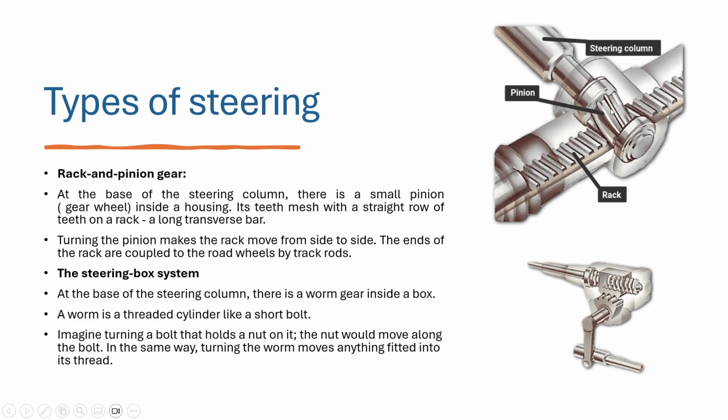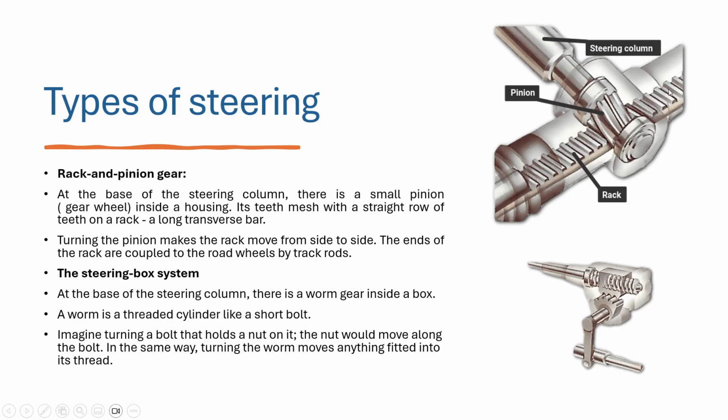Whenever the pinion rotates, in turn by meshing with the rack, it moves the linear straight row of teeth rack. So this is linear movement. This is how the rotational force is converted into linear movement. So turning the pinion makes the rack move from side to side, and the ends of the rack are coupled to the road wheels by track rods.